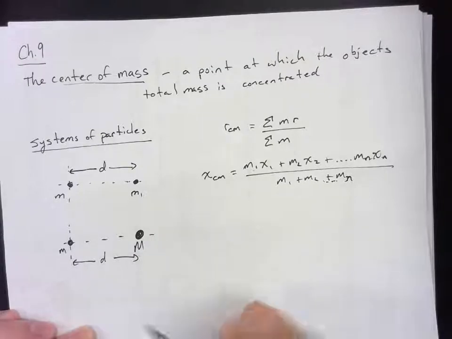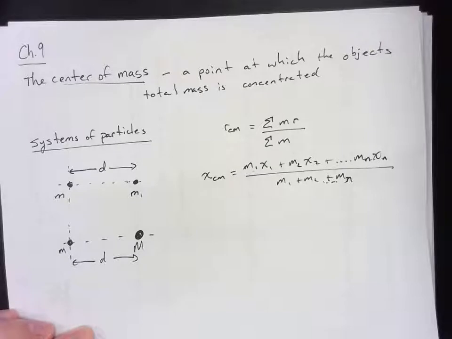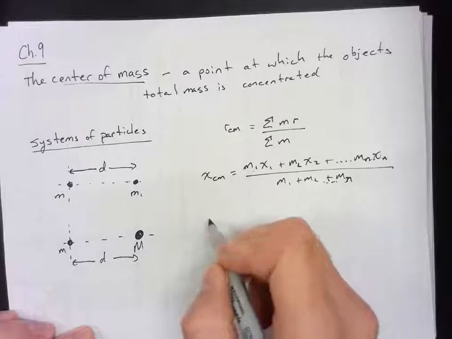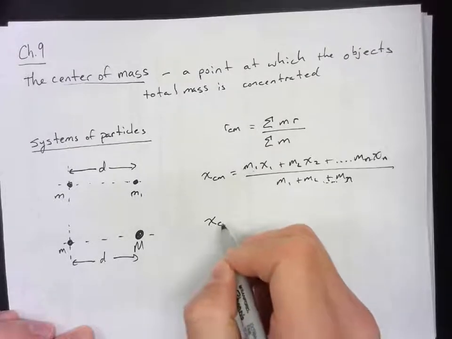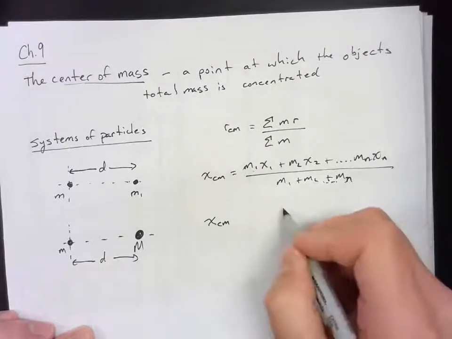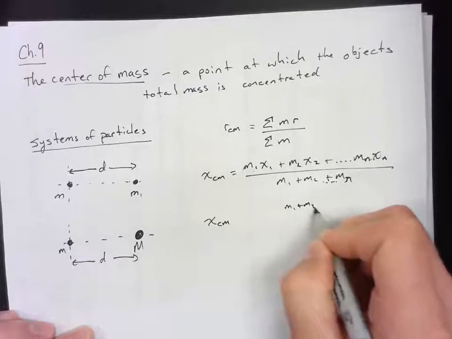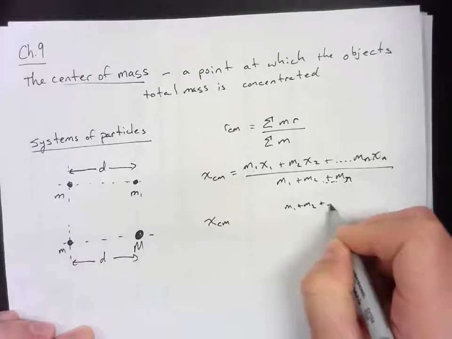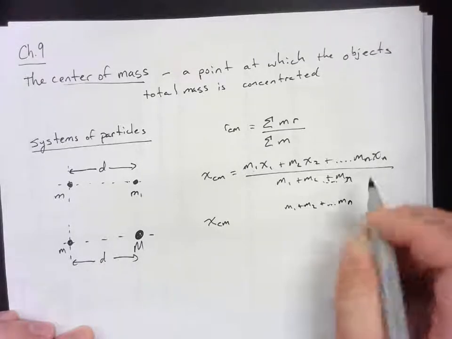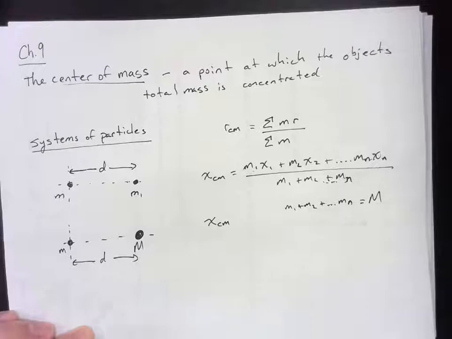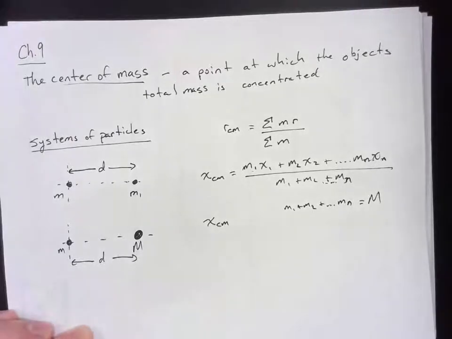All right. Now, when we get out of systems of particles, we need to think about it as integration. So, just to help us out when we get there, let's call the sum of all the masses big M, the total of all those.